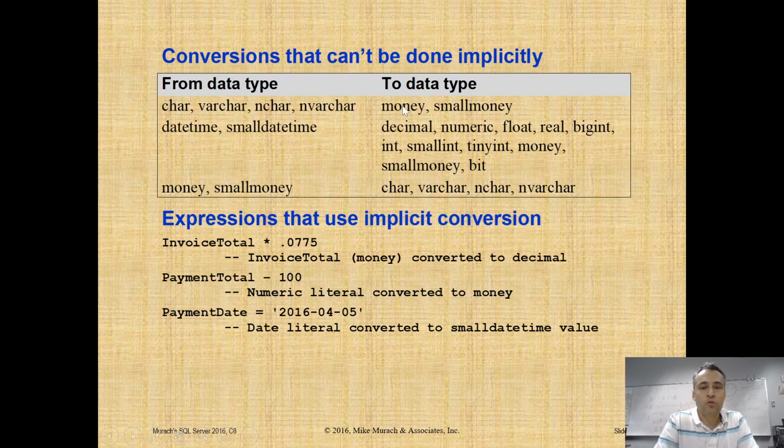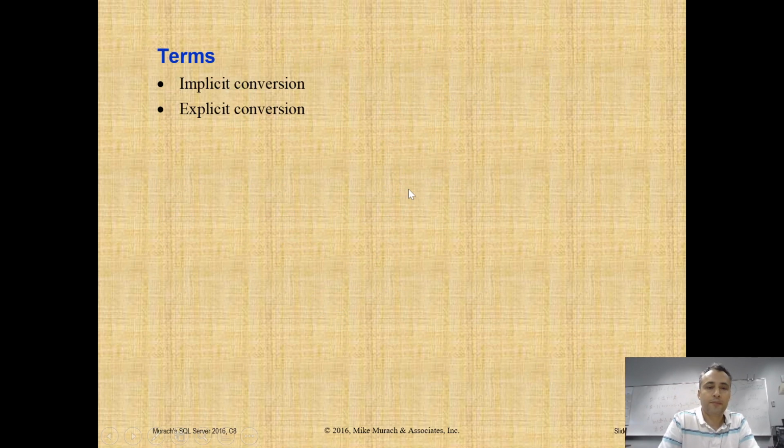So char to money would have to be done explicitly, or money to characters would have to be done explicitly.